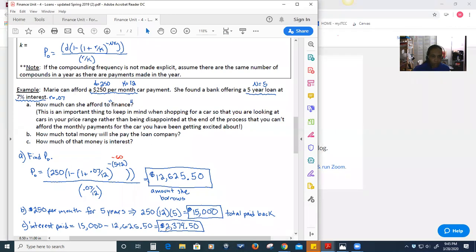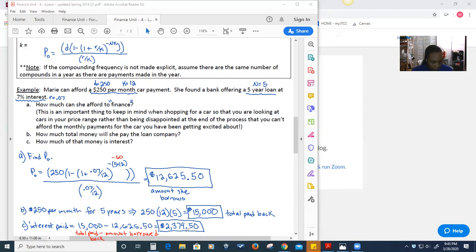If you like formulas and you want a formula, here you go. The interest paid is going to be equal to the total money paid minus the original amount borrowed. You could say total paid back minus the original amount borrowed, okay?